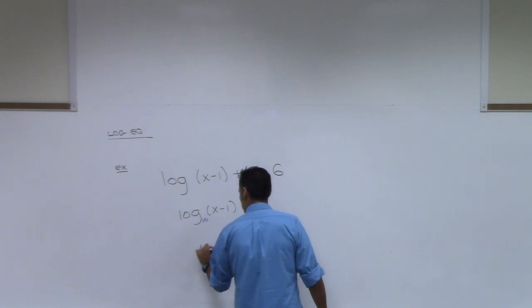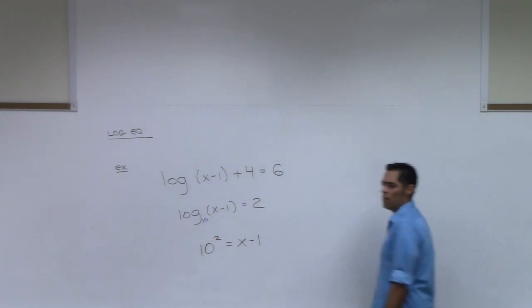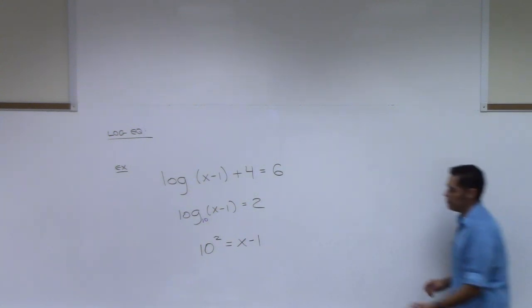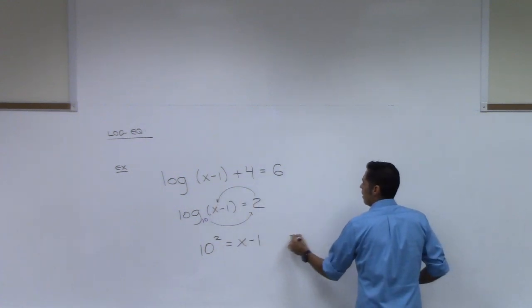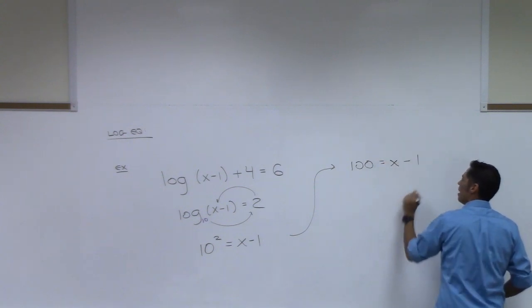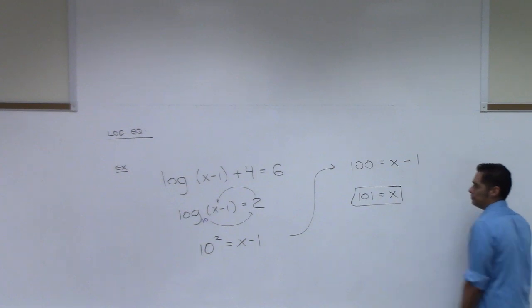So what is this, 10 times 2? No. 10 raised to the 2, right? 10 squared is 100. So now that's 100 equals x minus 1. So what is x? 101.